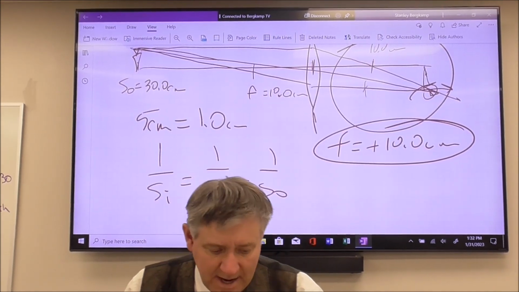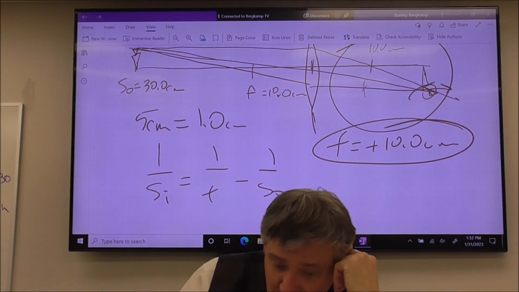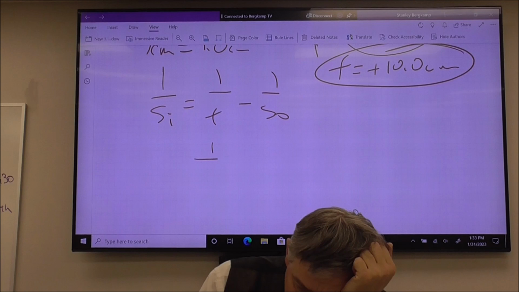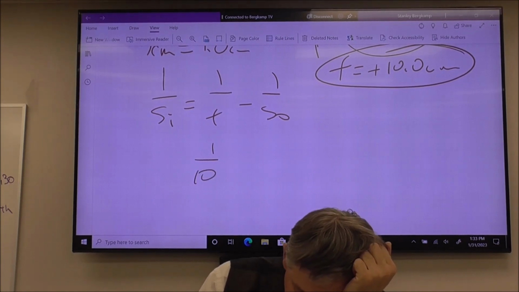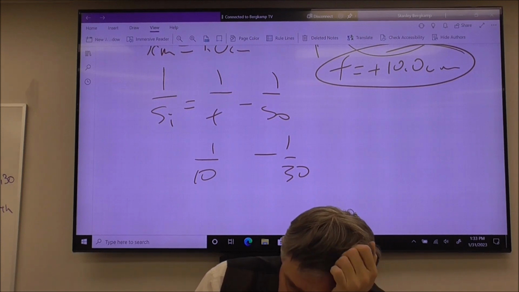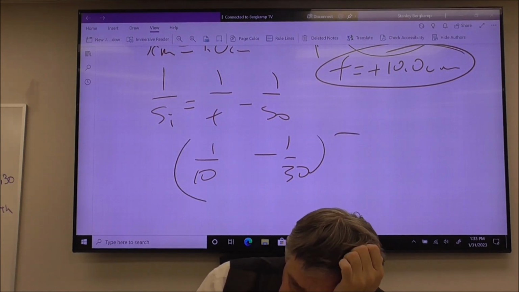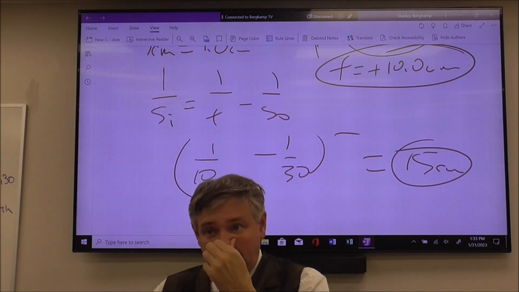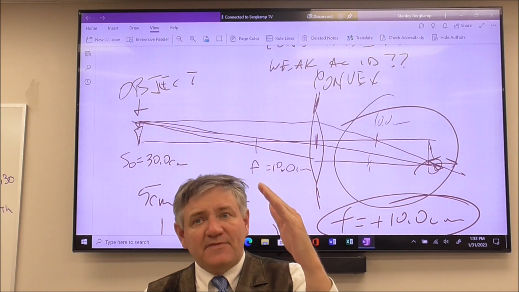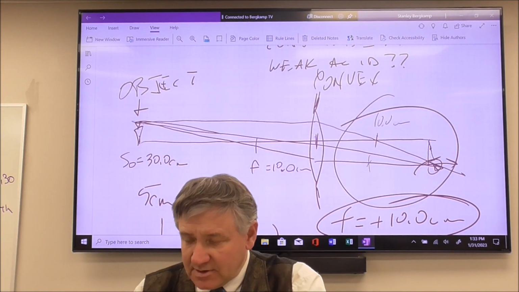So if you do this math, down there on the bottom half, on number 1, you're going to take 1 over 10 minus 1 over 30, and then you're going to take the inverse of all of that, and you should get 15 centimeters. Okay? So hopefully that matches that diagram.